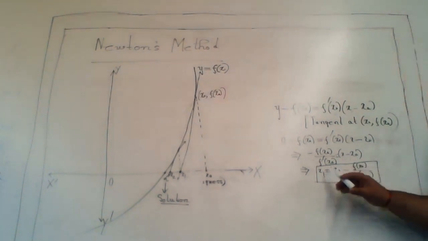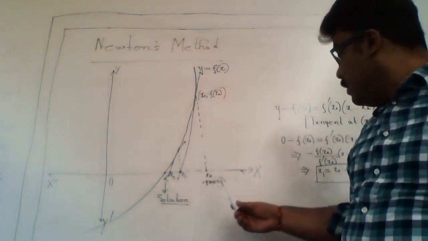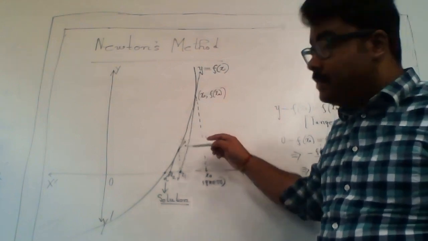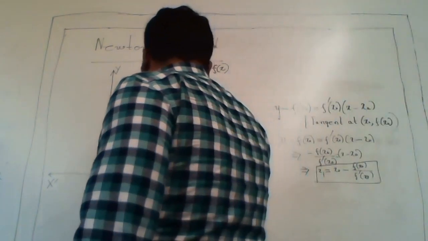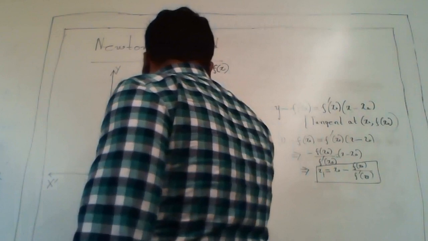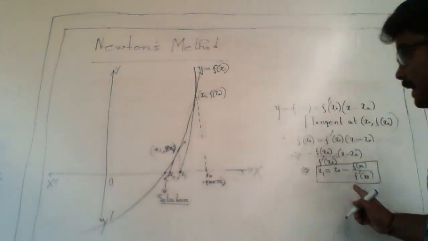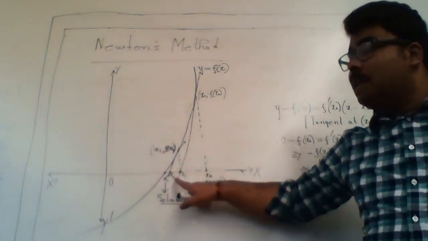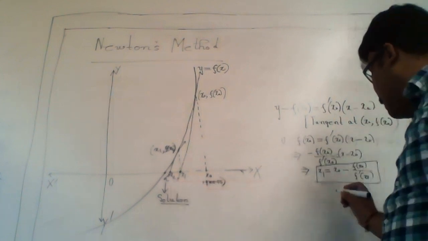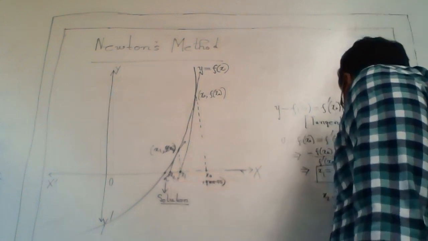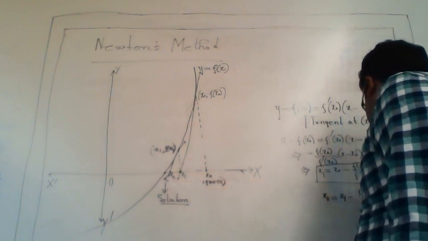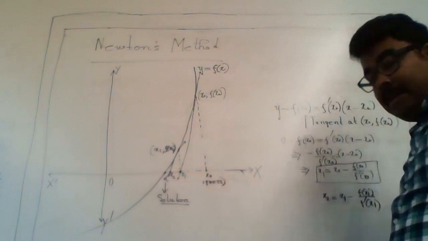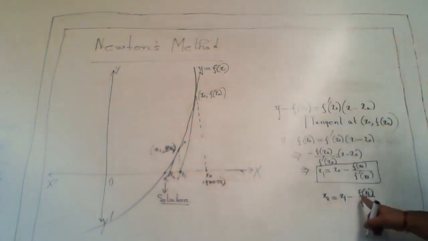And then in the same manner, if you find out the equation of tangent at the point x1, f of x1, and then put y equals to 0 in that equation, you will get the value of x2, and you will find the value of x2 to be x2 equal to x1 minus f of x1 by f prime x1.